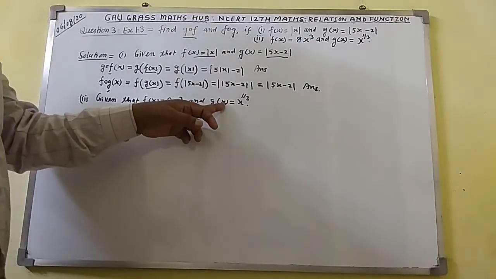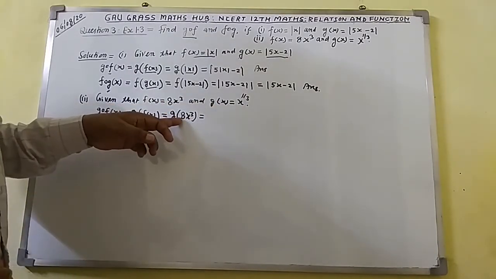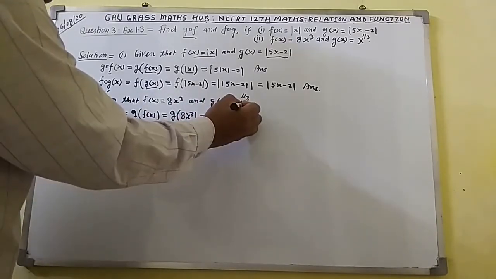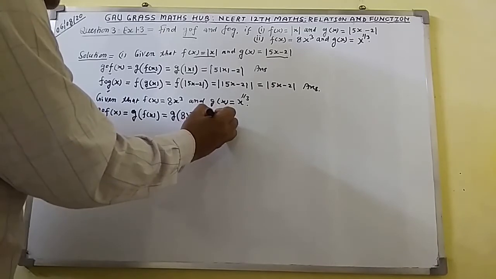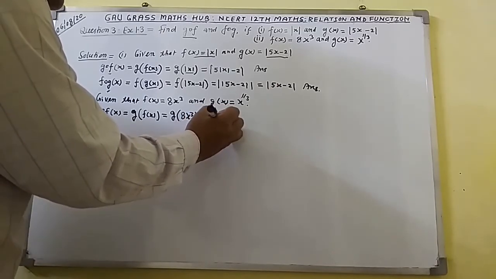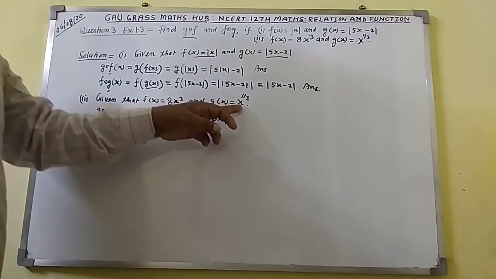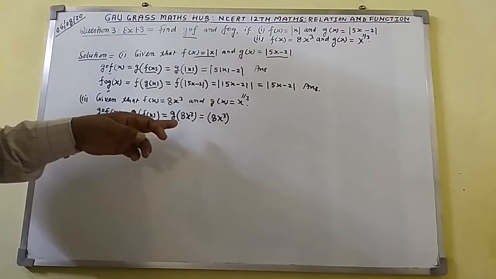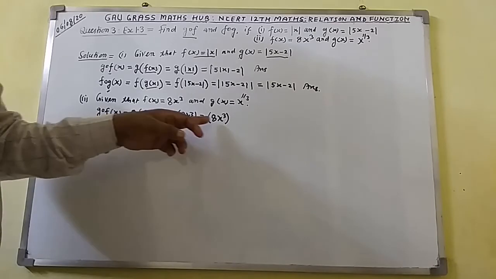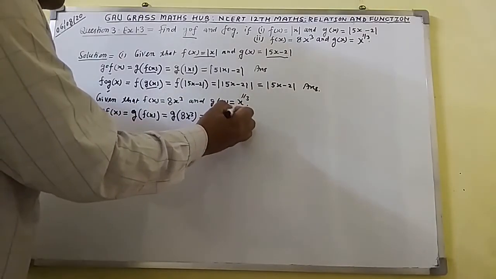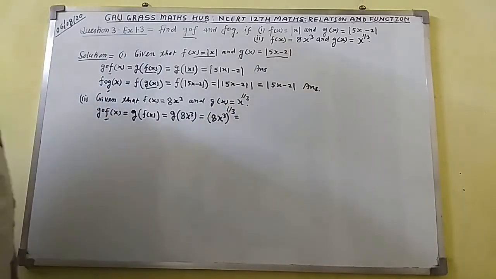In place of x, here written 8x cube. So here I shall write in place of x, we shall write 8x cube whole raised to power 1 over 3 equal to.